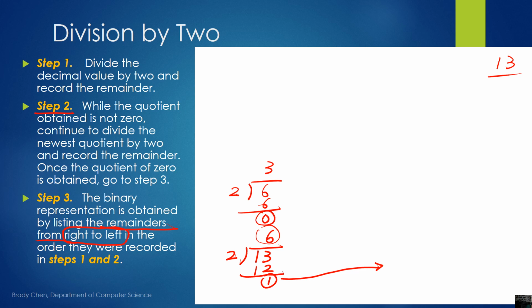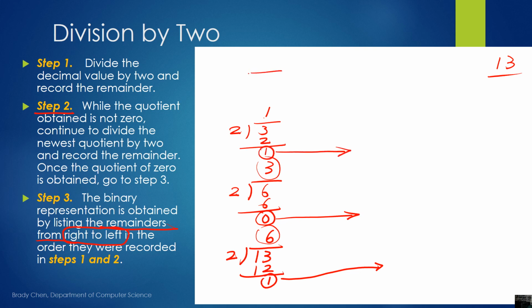So that's the second remainder. Now we have a new quotient 3. Divide 3 by 2, and we get a quotient 1. 1 times 2 is 2, 3 minus 2 is 1. So we record the remainder 1.